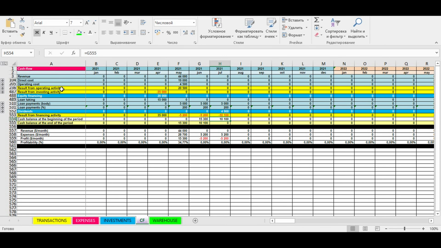Using this cash flow statement you can see clearly the structure of the revenue, the structure of direct costs, the structure of operating costs. Also you can see how much money you need to finance your operating activity. You can also see how much money you can take out of your business as a profit, as dividends. You can see the net profit of your business monthly, and also the profitability of your business monthly.